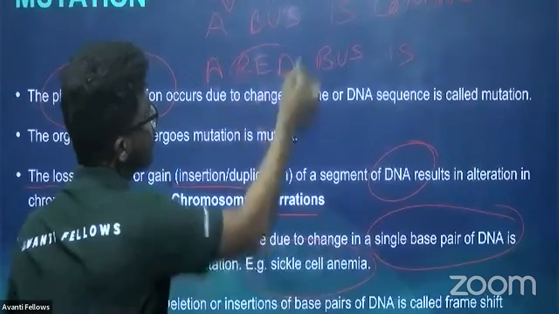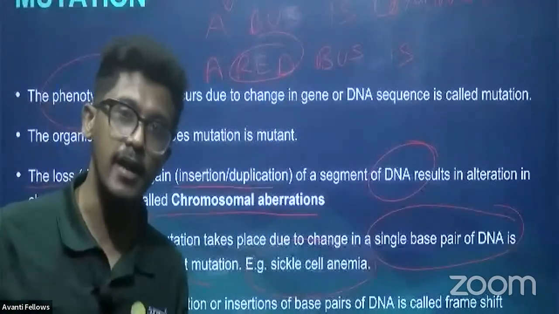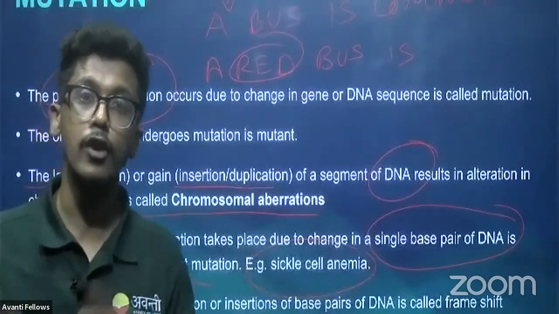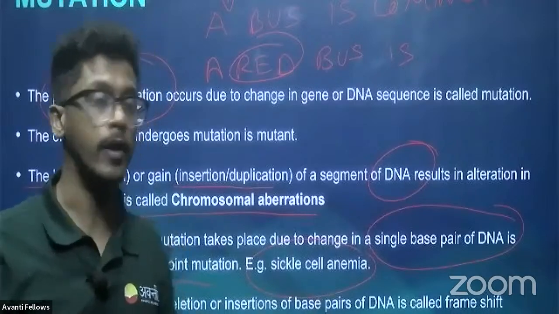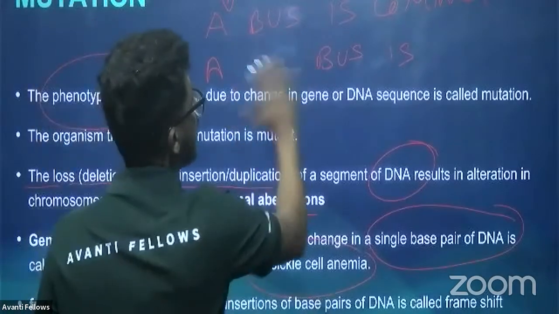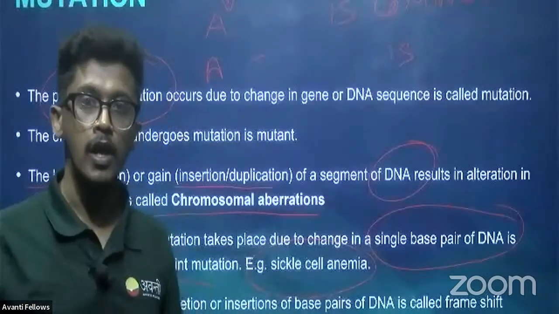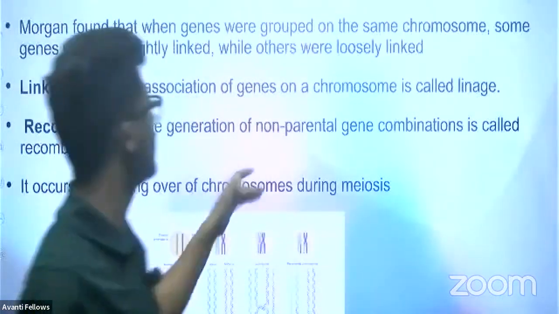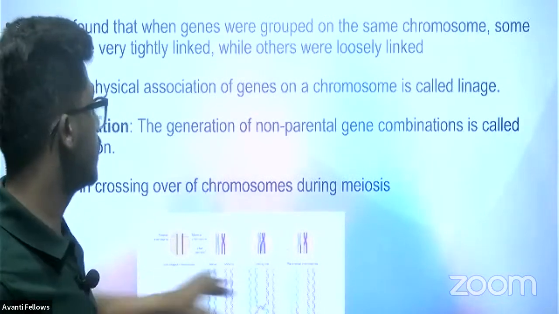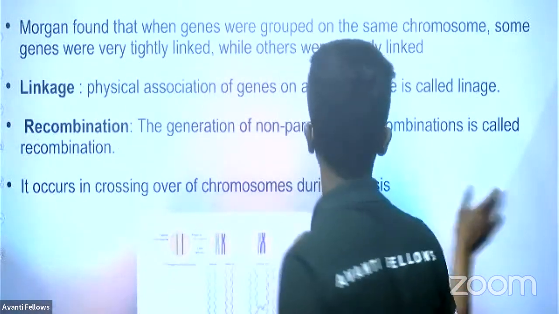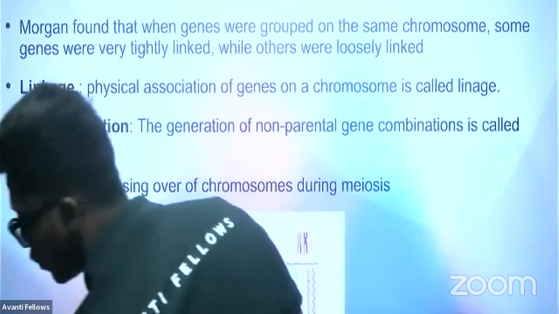The meaning was supposed to be a bus is coming. Now this red doesn't make sense. Even though for you reading it makes sense, in genetic expression it's a huge change. You understand my point? Otherwise, you delete the B of bus: A US is coming. There is no bus. Now what will happen? A shift is there. You can see the shift in the reading frame. What does that mean?